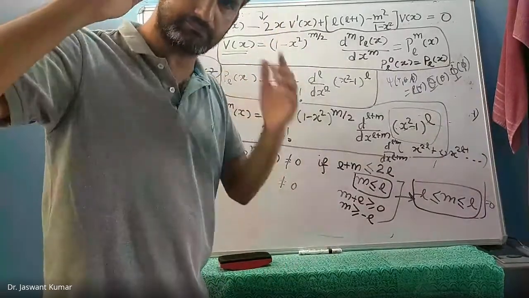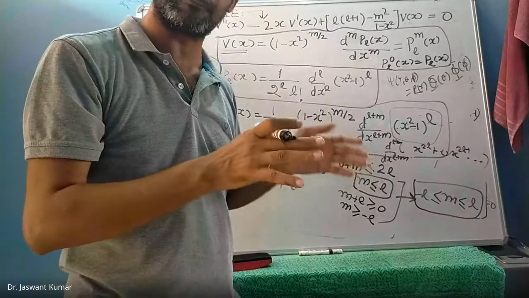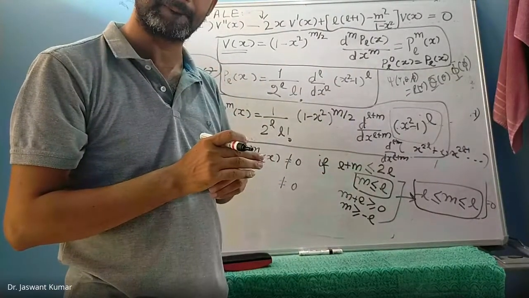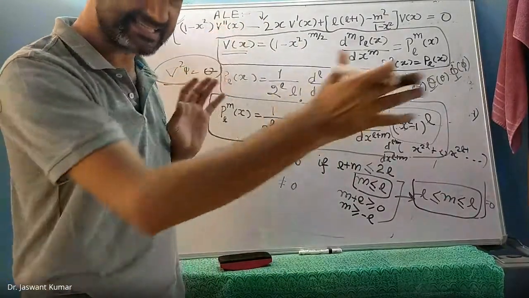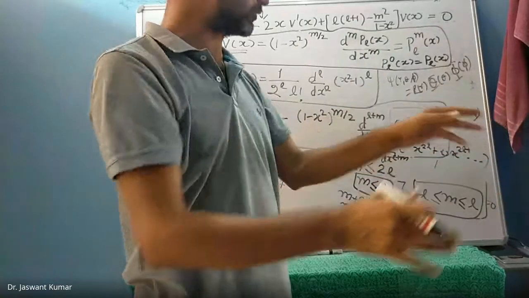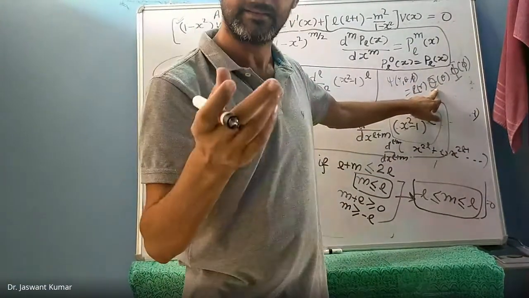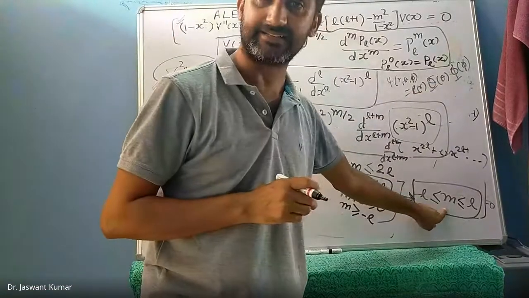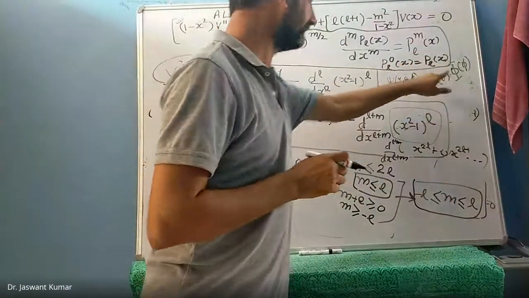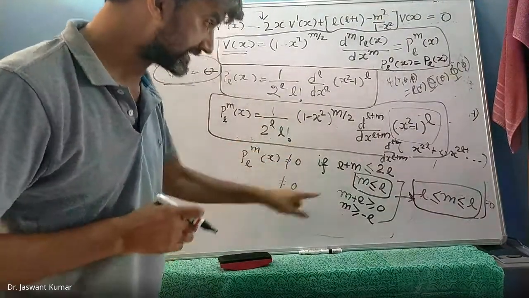Go back once to the beginning of setting up the Legendre equation. There you will find that this particular equation, this V, is directly proportional to this capital theta. This capital theta is non-zero only in this condition, because we have said it is proportional to PLM, and PLM is non-zero only in this case.